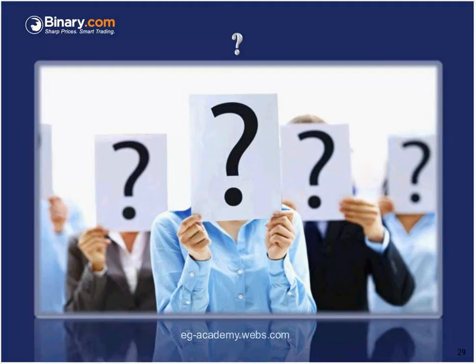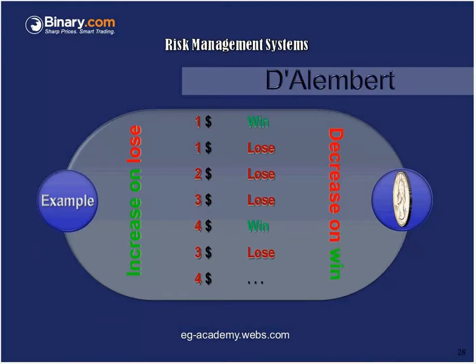Somebody's asking about the last part. I don't know if he means this system. In this system, you increase on loss and decrease on win. So if you trade, for example, 1 unit of money, for example $1, and you win, you will trade 1 again.